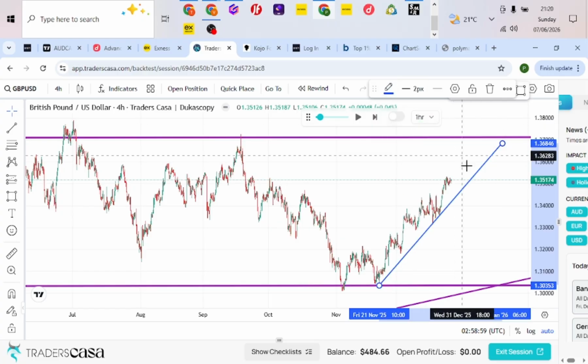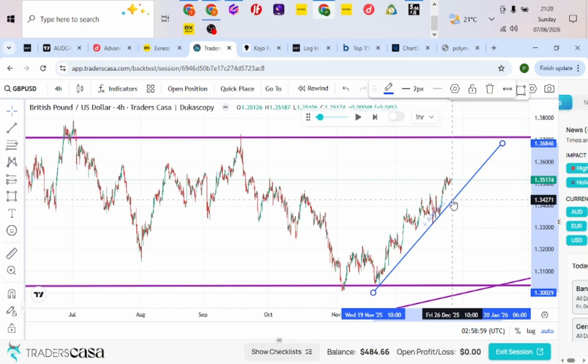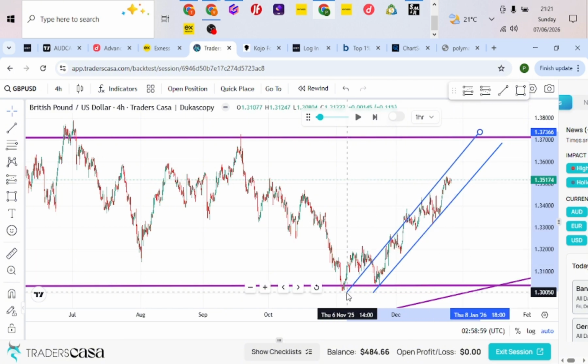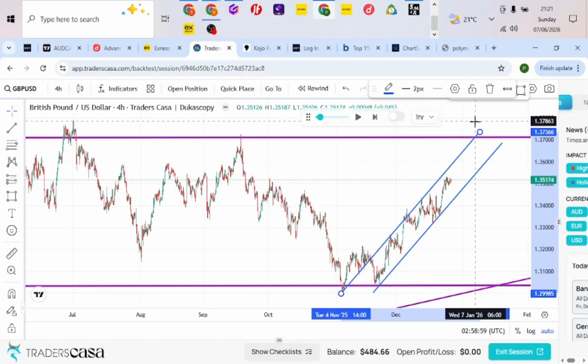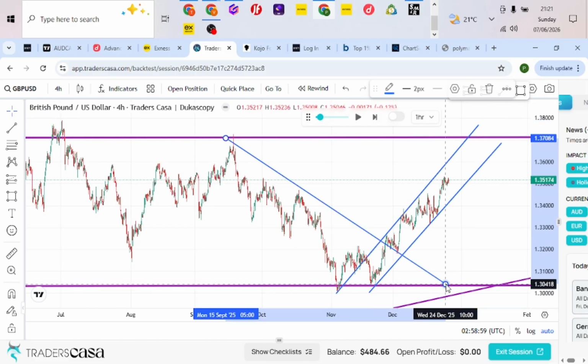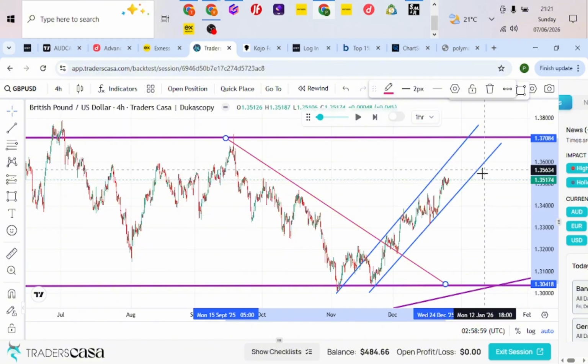We change this one to blue, and also we clone it like this. I'll turn it to red. Sorry, this color, pink. Okay.